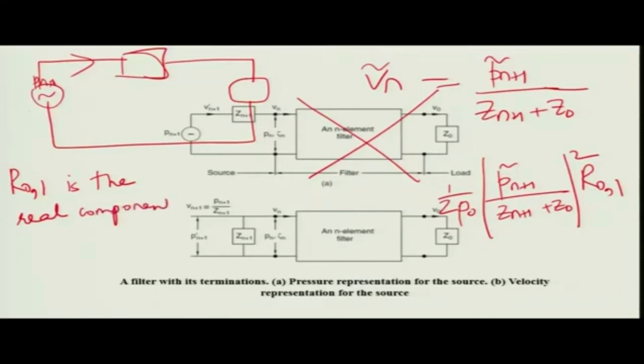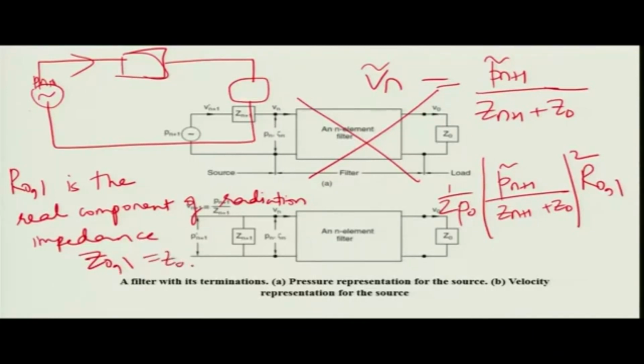Please keep reminding yourself, the real component of the impedance is the resistance that is always going to dissipate the energy, or if you evaluate that over a cycle, it is always going to be non-zero if the real part or the resistive part is non-zero. It is the real component of the radiation impedance or the atmospheric impedance Z naught 1. So, Z naught 1 is the same as Z naught.